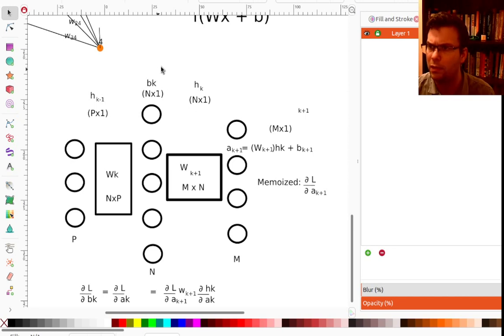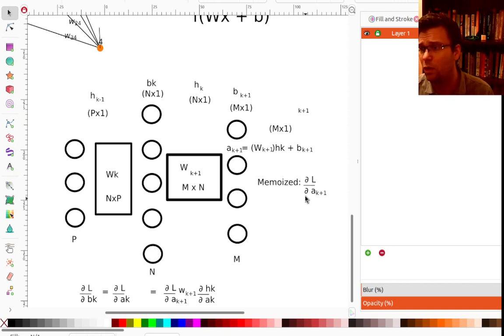So the biases in this layer coming out here, this is b_{k+1}. So just making sure we understand all the dimensions of these things. That would be a column matrix with m by 1 elements.